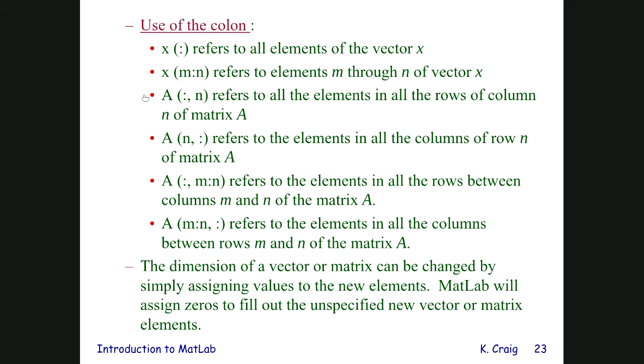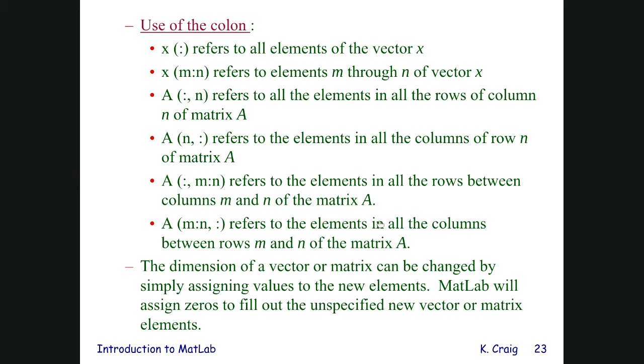A(:,n) refers to all the rows in column n of the matrix. A(n,:) refers to all columns in row n. I guess I need to give you an example about this. This is a little bit tricky.